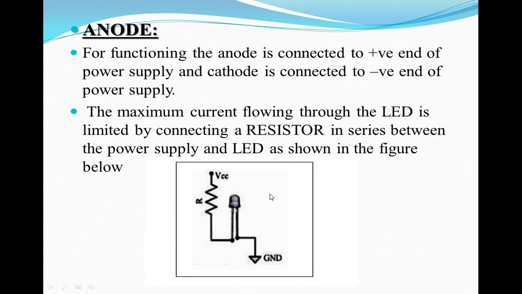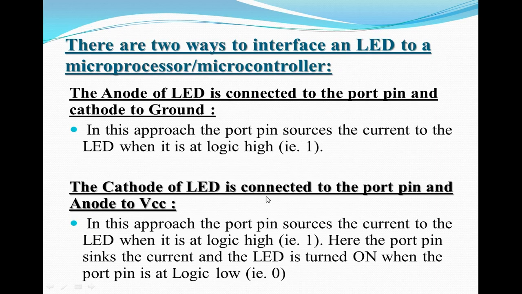For functioning, the anode is connected to the positive end of the supply, that is VCC, through a resistor over here. The cathode is connected to the negative end of the power supply, that is, to the ground.